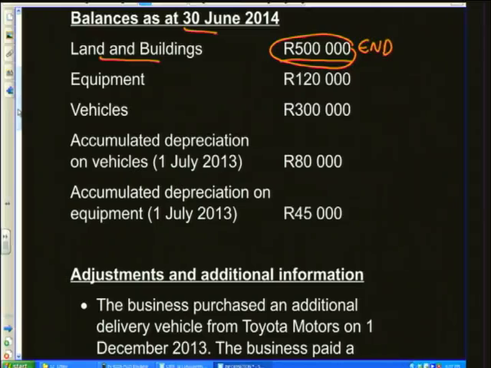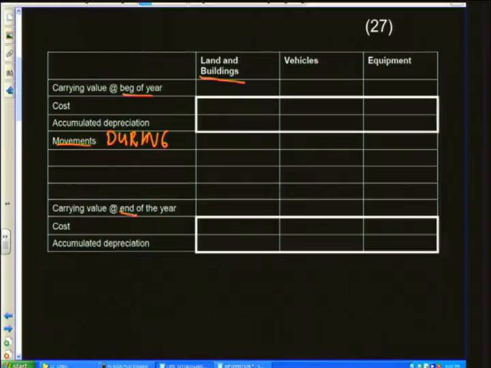So if we go back to our answer sheet, let's do that. Land and buildings, beginning of the year, I have no idea what the value of my land and buildings was, but my cost at the end of the year is an amount of 500,000.